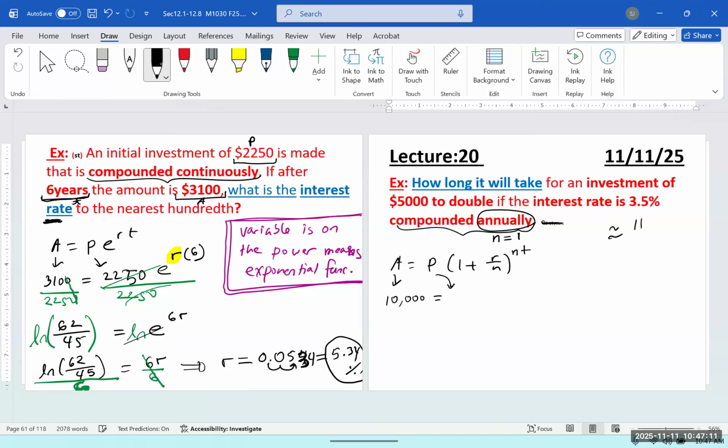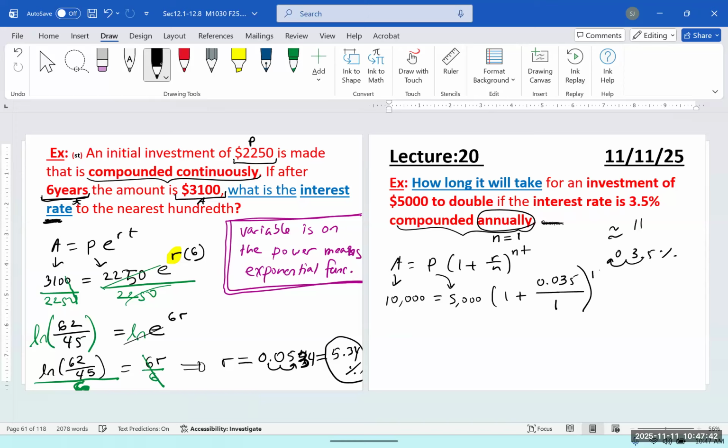How much are you investing today? 5,000. 1 plus, what is the interest rate? Good job, 0.035. So 3.5%, you have to move your decimal 2 places to the left, so you get a 0 in front of 3. So 0.035. And how many times are you doing it in a year? 1. Whole thing raised to the power n, which is 1.